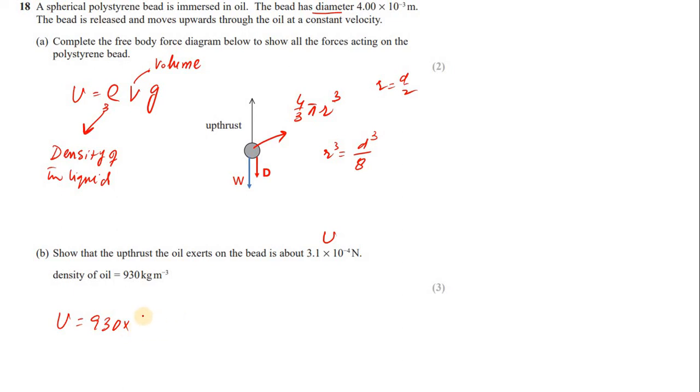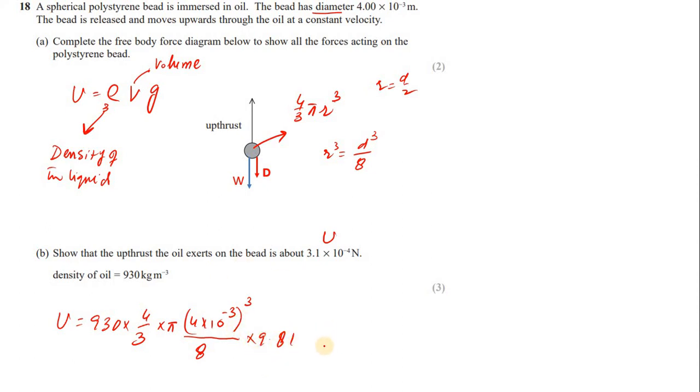So 4 upon 3 into pi into diameter, which is 4 into 10 to the power minus 3, whole cube divided by 8. That is 4 upon 3 pi r cube, and then g 9.81.